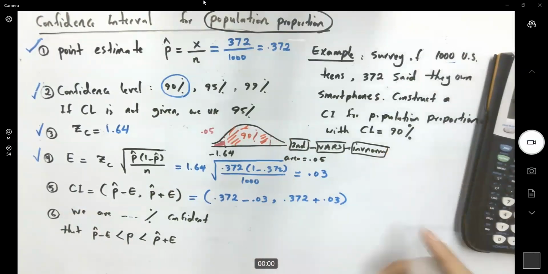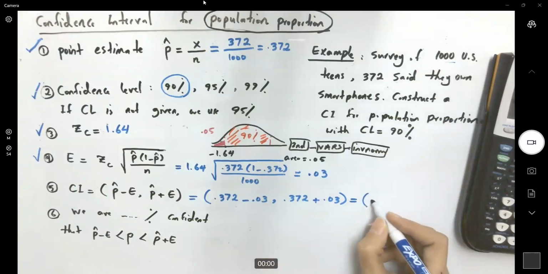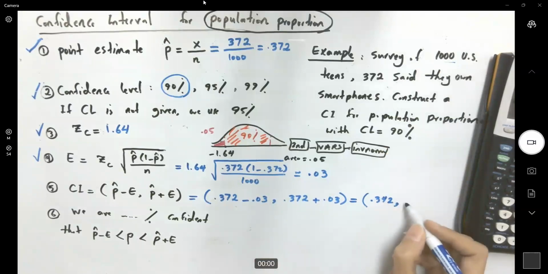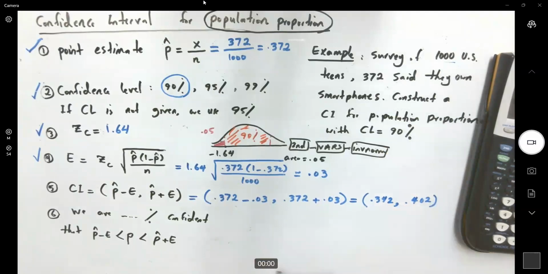Our confidence interval approximately is, well, if we do the subtraction, we get 0.342, comma, 0.42.